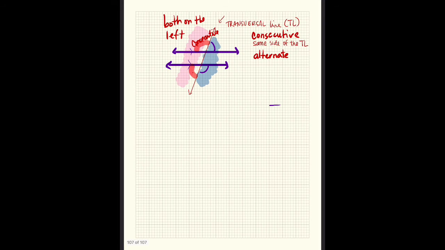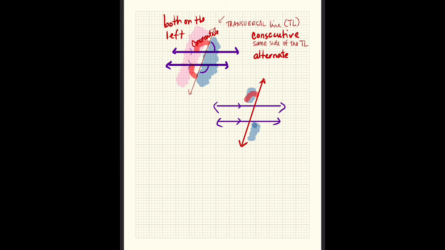Now, let me make another set of parallel lines. Those are parallel lines, and there's the sign. And let me make another transversal. Now, let's talk about alternate. Alternate means they are on opposite sides of the transversal. Look at the transversal.